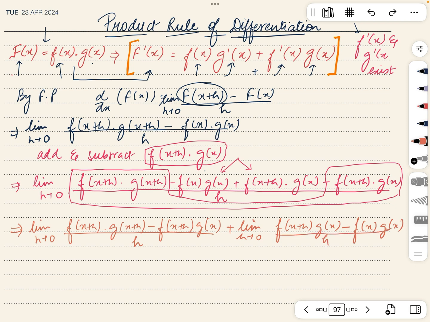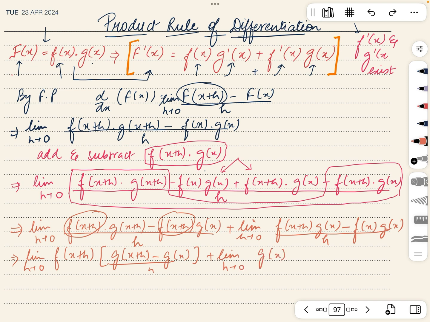Right, now you can see that I can take f of x plus h common. So limit h tending to 0, f of x plus h in the brackets, g of x plus h minus g of x over h, plus limit h tending to 0, g of x common, f of x plus h minus f of x over h.